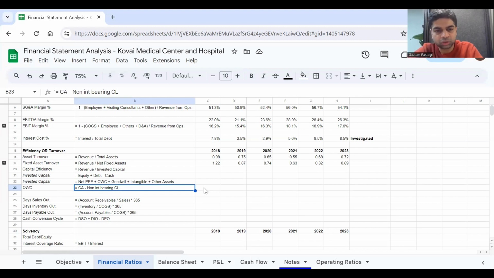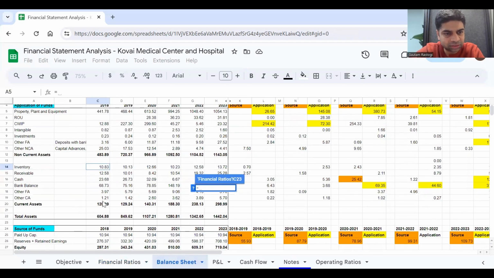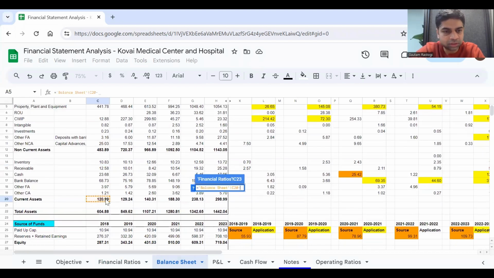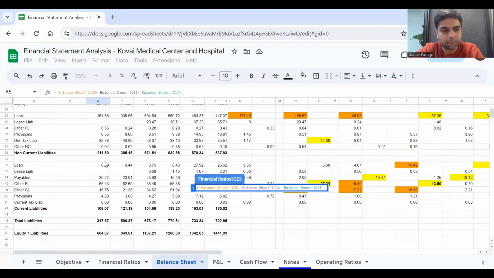All right, so let's estimate this. So what are current assets? Current assets minus cash minus bank balance. All right, now let's take a look at the liabilities. In the current liabilities, let's ignore loan because it's interest bearing. Lease liabilities technically is also interest bearing.